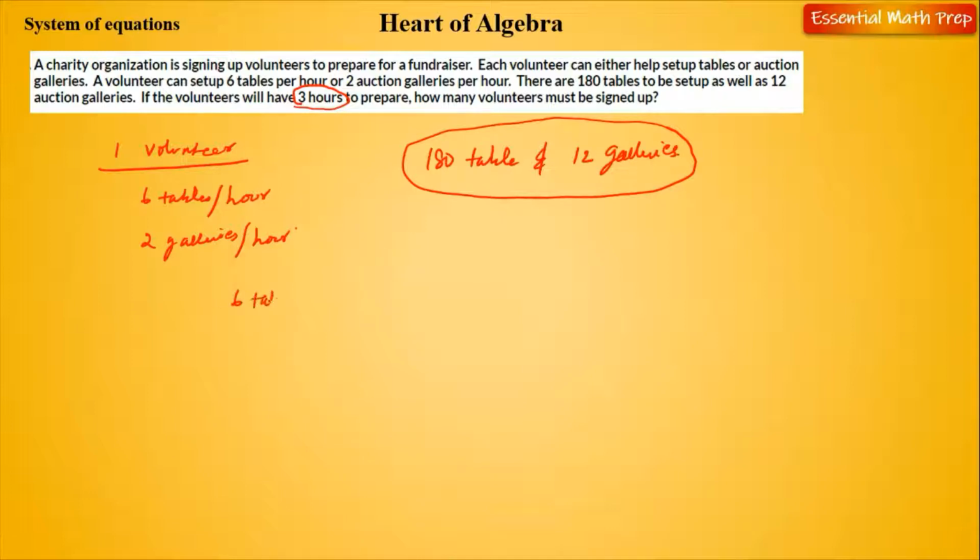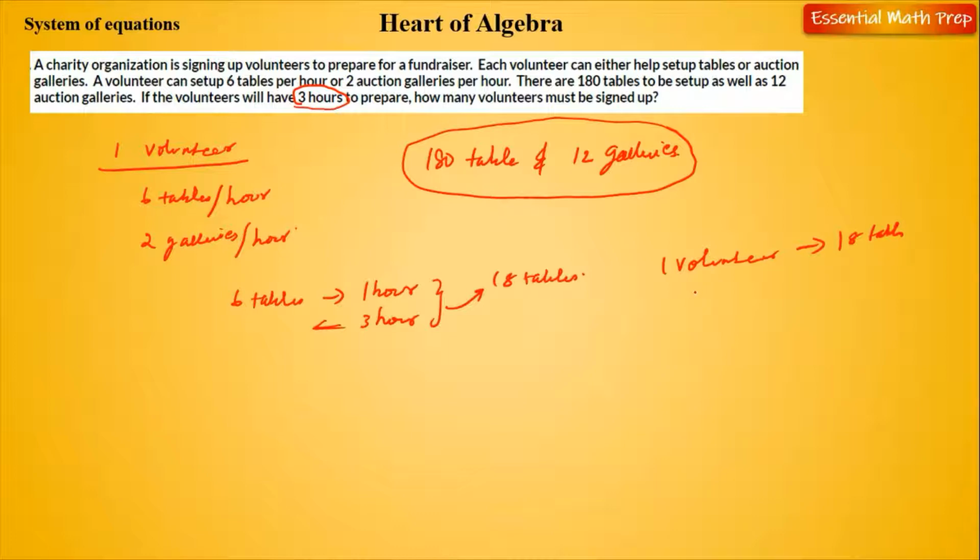So 6 tables in 1 hour. How many tables could he or she set up in 3 hours? That'll be 18 tables, right? So one volunteer can do 18 tables in 3 hours, right?